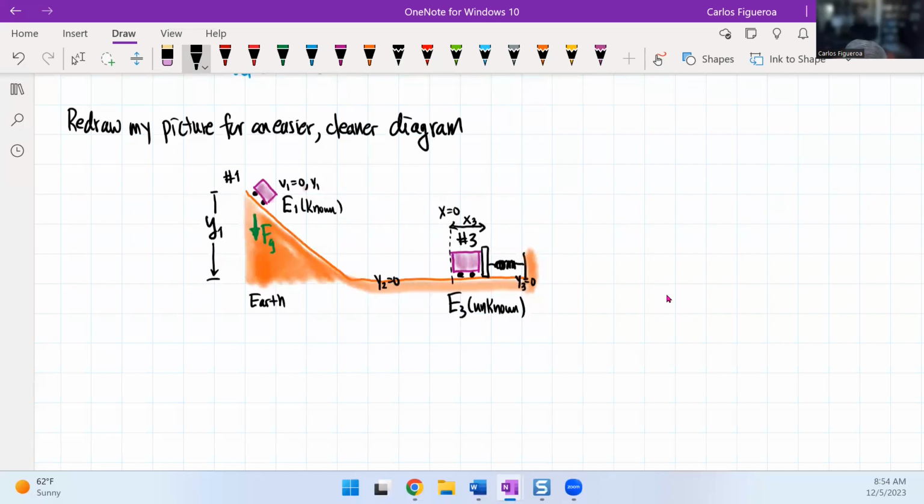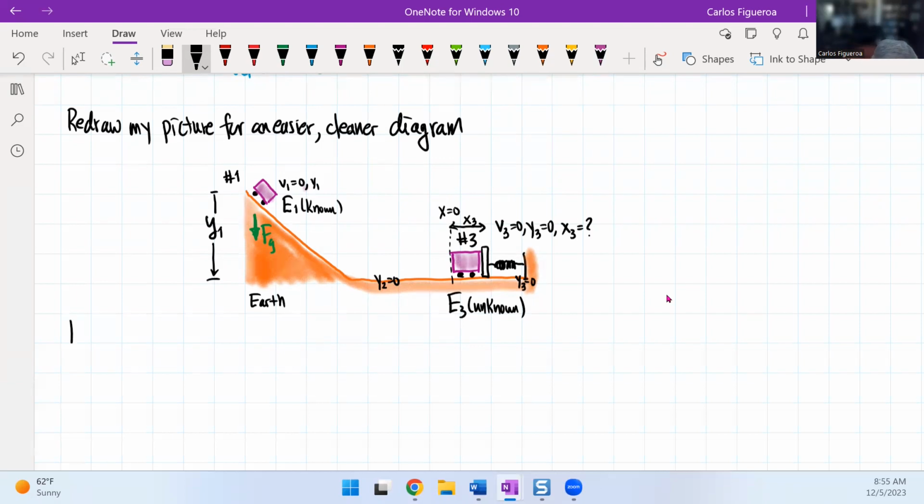Why is it that I don't know? I know that the speed at 3 is 0. I know that the height is 0, but I don't know what this compression distance is. So now I can apply conservation of mechanical energy, and it goes like this.